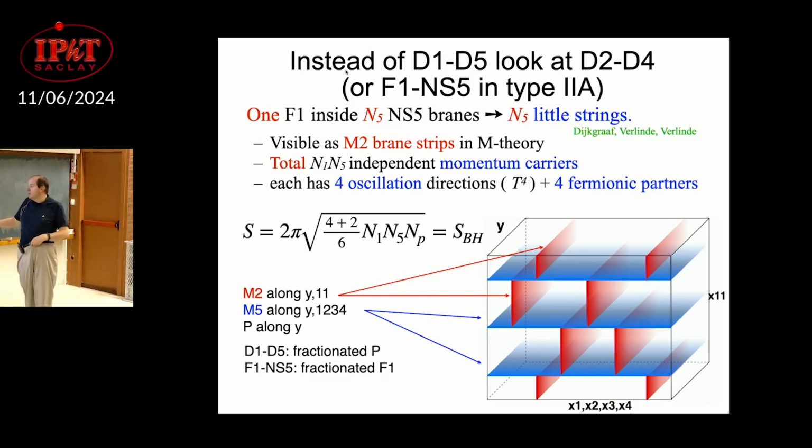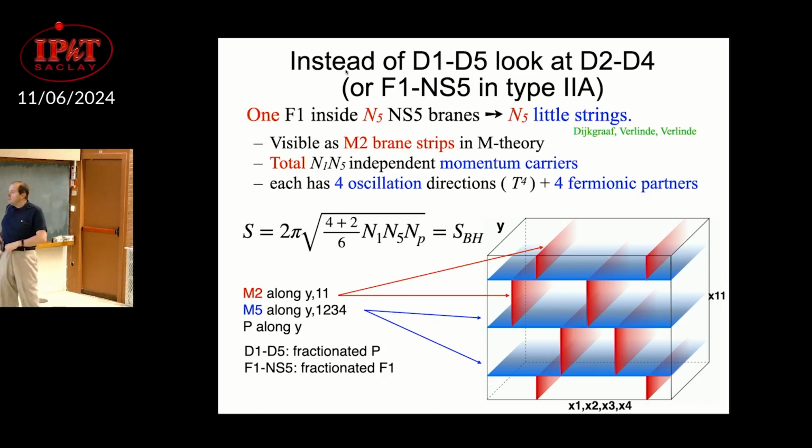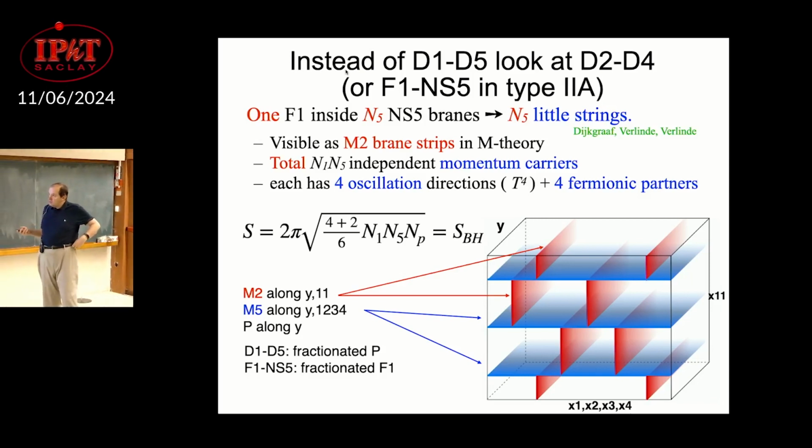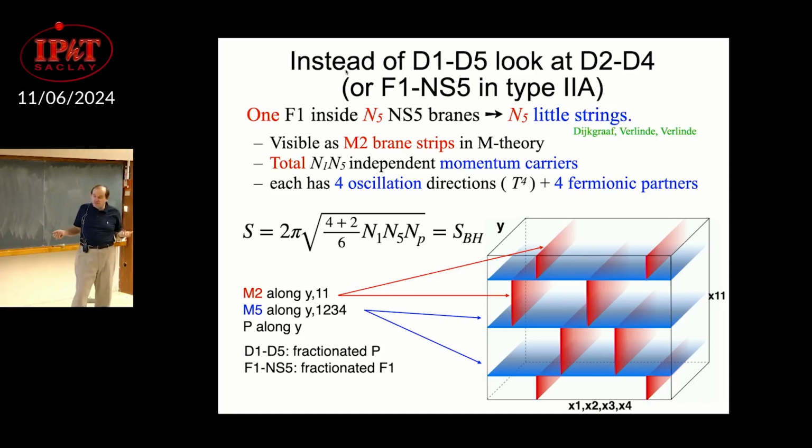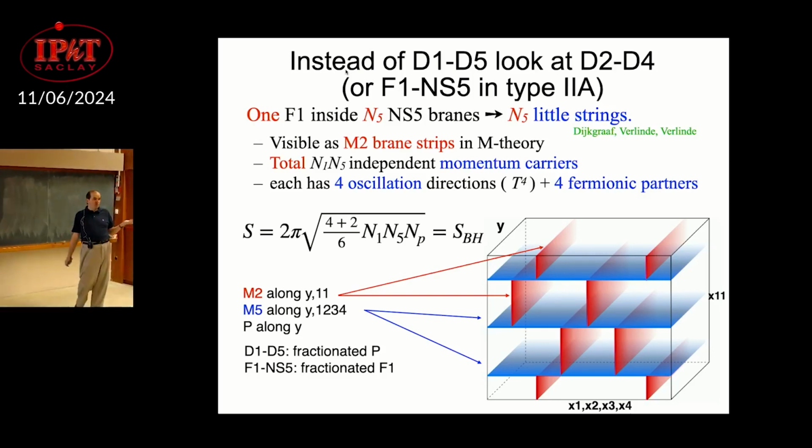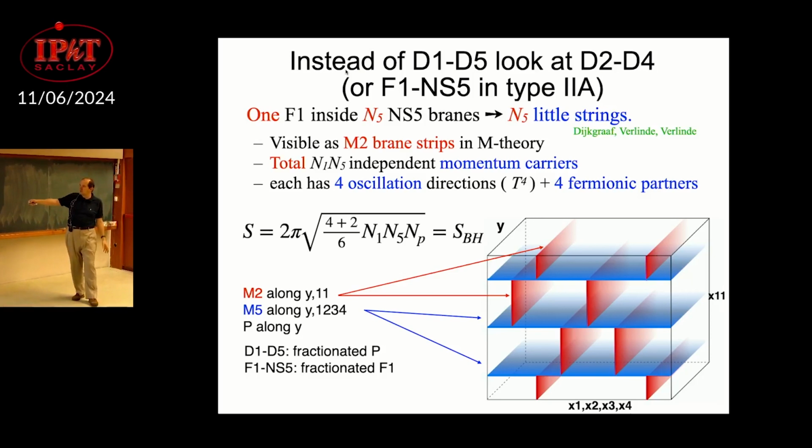So you can actually build these things, and you can ask, okay, how do I get the Schwarzschild entropy out of this system? The answer is simple. Each M2 strip is a point inside the M5, and therefore it can oscillate in four possible directions. So there are 4 bosonic oscillations. There are 4 fermionic partners. So in the CFT entropy, there's a factor of 2.